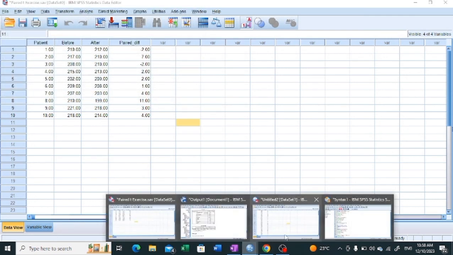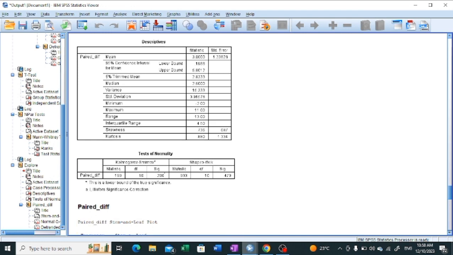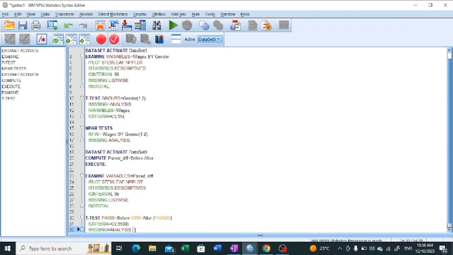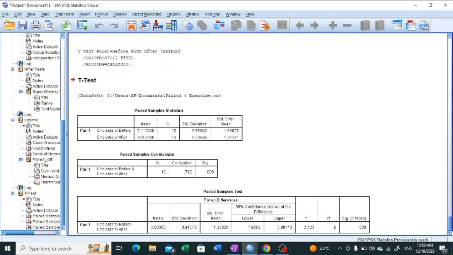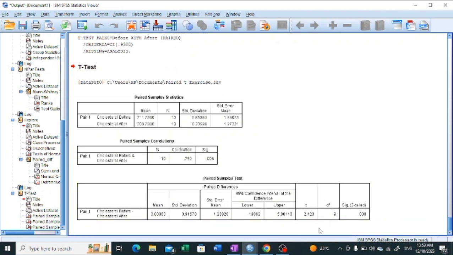And now we go to the syntax as usual. We run this syntax, and this is how we get the result. So p-value associated with t statistic is less than 0.05.